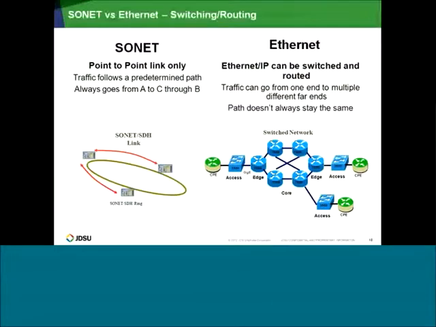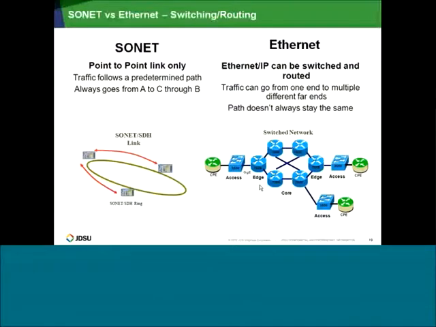Another thing to remember in SONET versus Ethernet is that SONET is a point-to-point link. So, for example, let's say we're going from A to B through C. It will always go through C because the signal is present at all times. Whereas with Ethernet, if you have different routers and switches all across, it can take different routes depending on whichever route is best to get you to your destination.